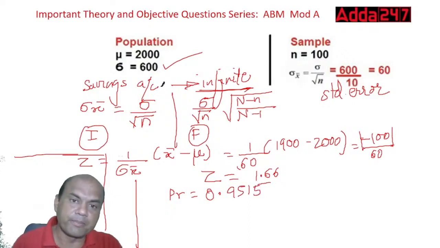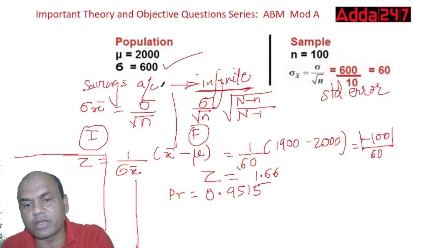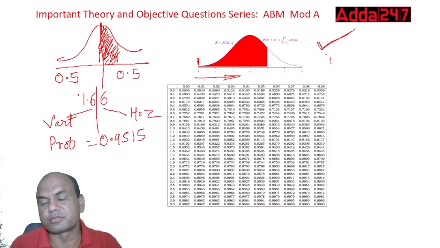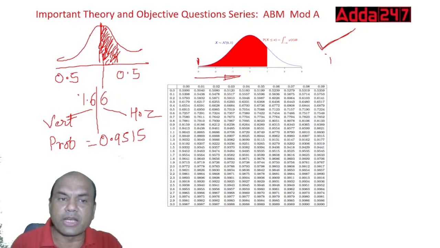No. Why? Because I want it below this area. Now you'll have to think. This area of 0.9515 means from here, and I wanted below this, from the starting up to 1900.